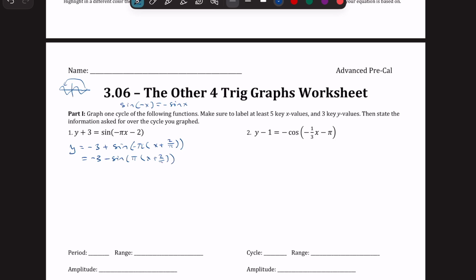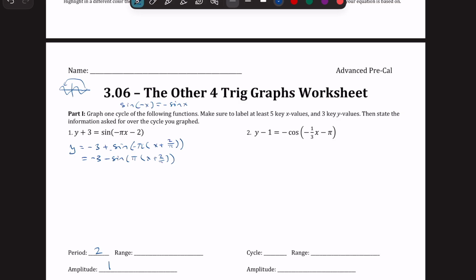Then I'm going to go through, and my period is 2 pi divided by pi, so 2. We'll come back to the range. The amplitude is the coefficient on the sine, which is just 1, well, it's the absolute value of that. And then we'll look at intervals of increase and decrease.